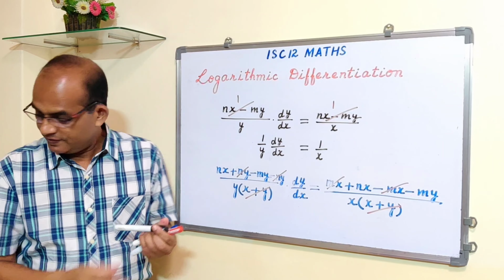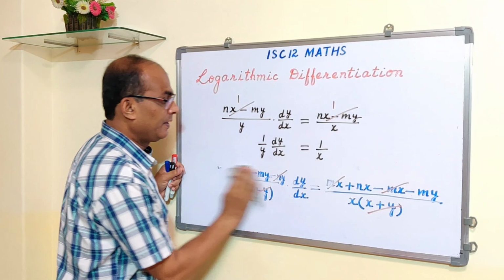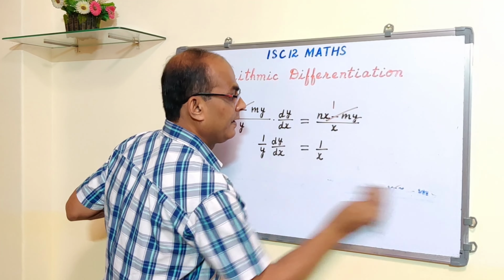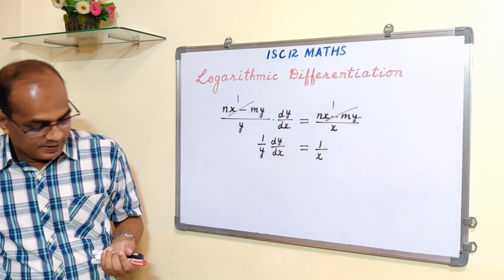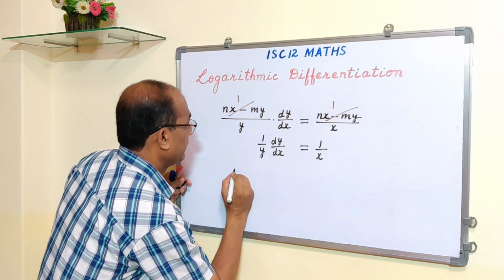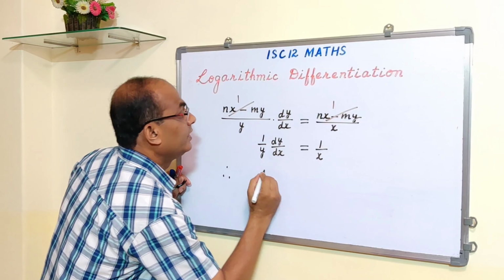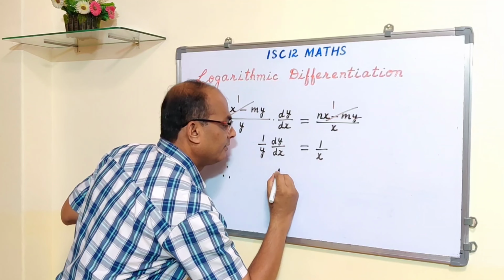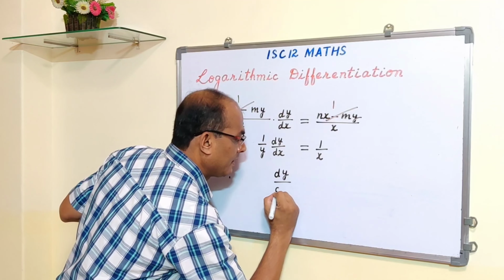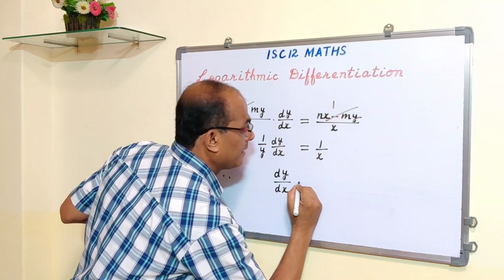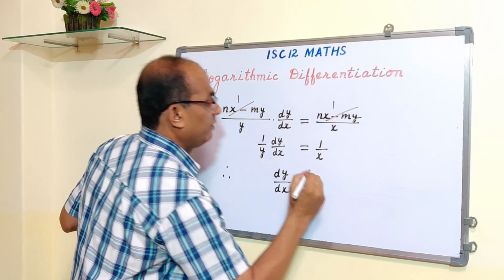Therefore, dy upon dx is equal to y upon x.